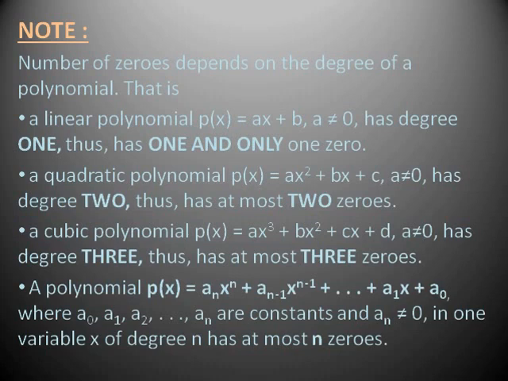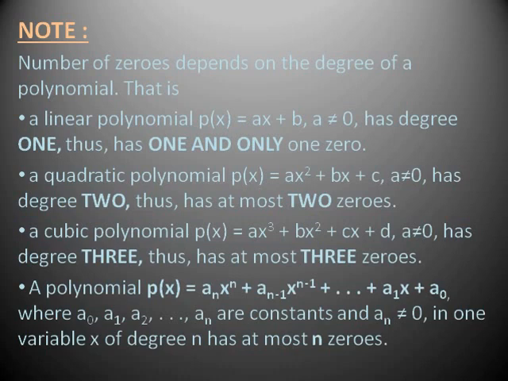This is the general form of a polynomial in one variable x of degree n, where a_0, a_1, a_2, ..., a_n are constants and a_n is not equal to 0. Since the degree is n, it has at most n zeros.